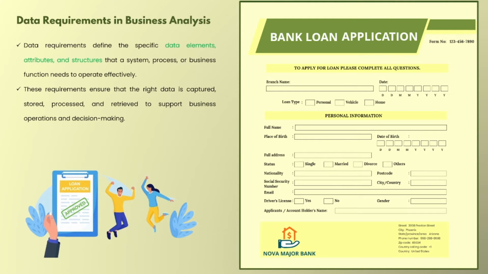Once we know what data we need, we make sure it is captured properly, like through forms or anything else. Then it gets stored safely in our database, and can be used later whenever it is needed. So the whole point is to help the business run smoothly and make smart decisions based on data.